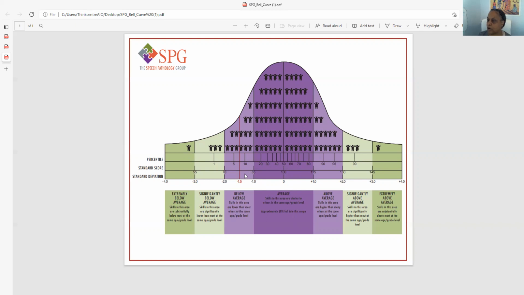They're students who are going to struggle with academic material, because these types of tests are correlated with school tasks in academics. It means the student is a little bit below average and might have some challenges, but it doesn't mean that they're cognitively impaired.